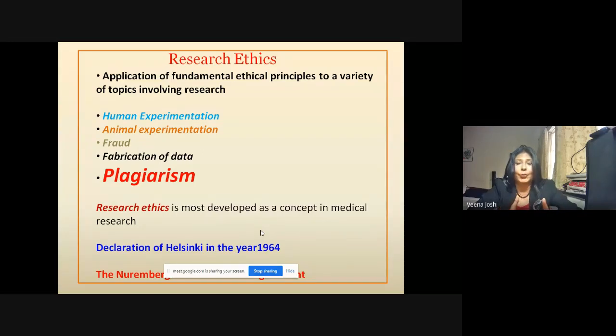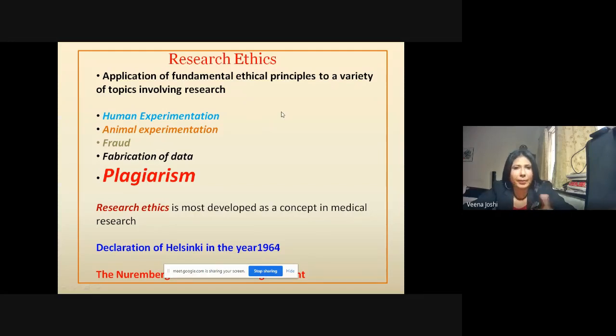So, the application of fundamental ethical principles to a variety of topics. In research, the most important thing is research ethics. Human experimentation, mostly applied in medical research. This you all know.